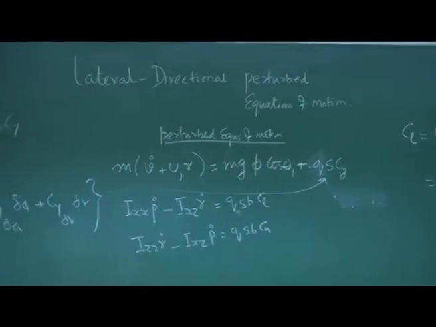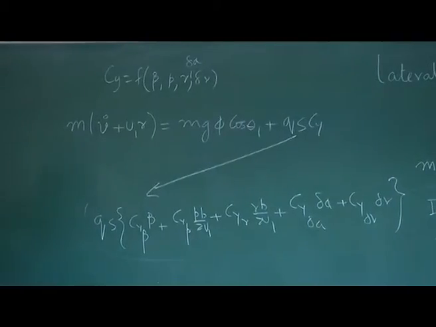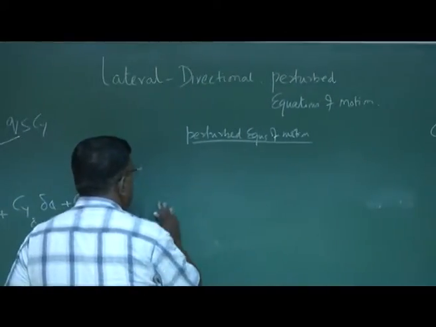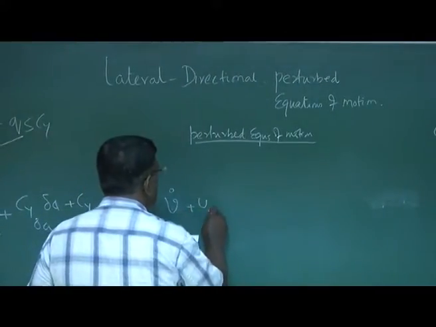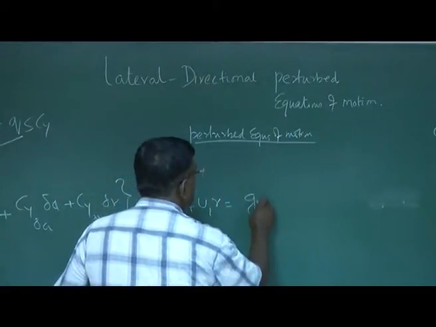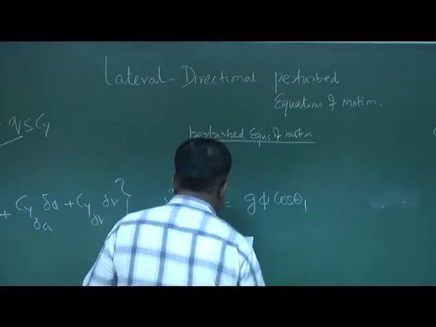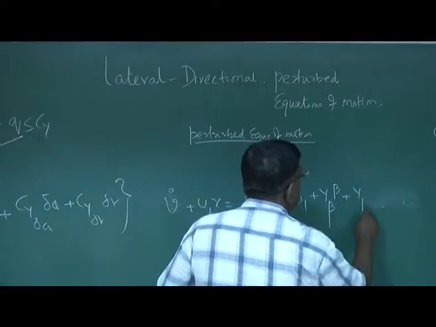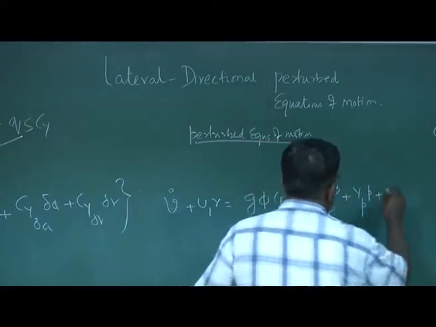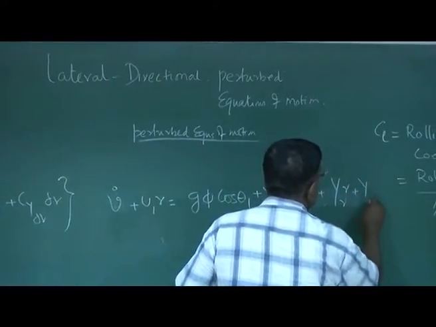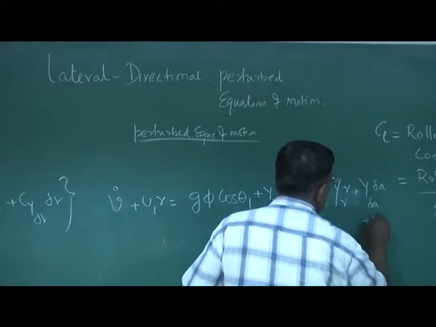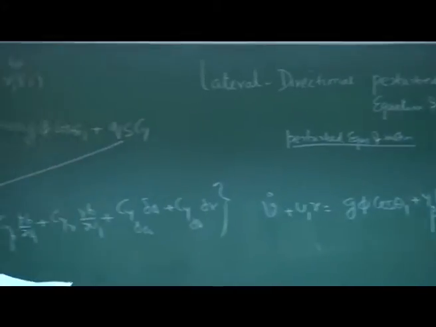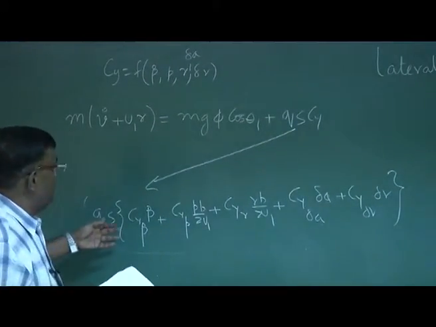Now, if I divide every side by m, then I can get a neat equation of the form which you will like. Let me write that neat equation: v dot plus u1 r equal to g phi cos theta 1, plus Y beta into beta plus Y p into p plus Y r into r plus Y delta A into delta A plus Y delta R into delta R. And it goes without saying, what is this Y beta?